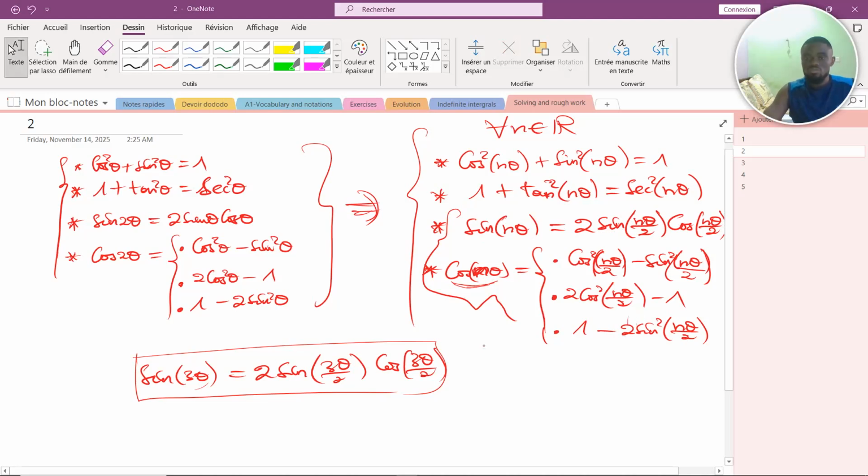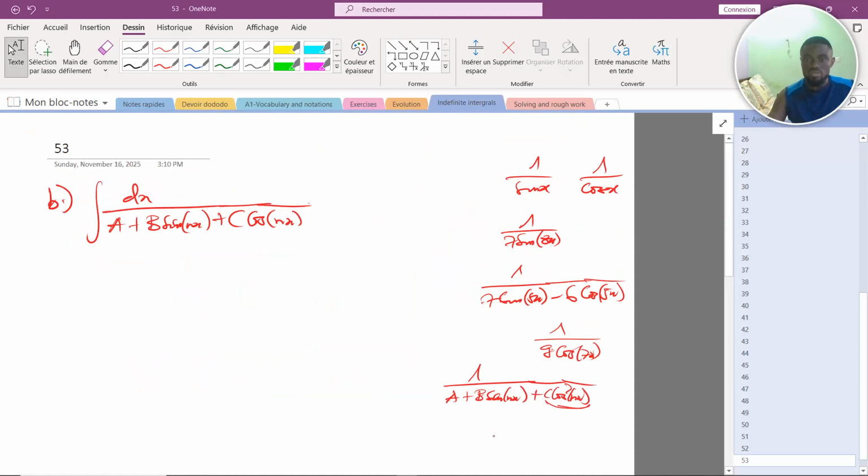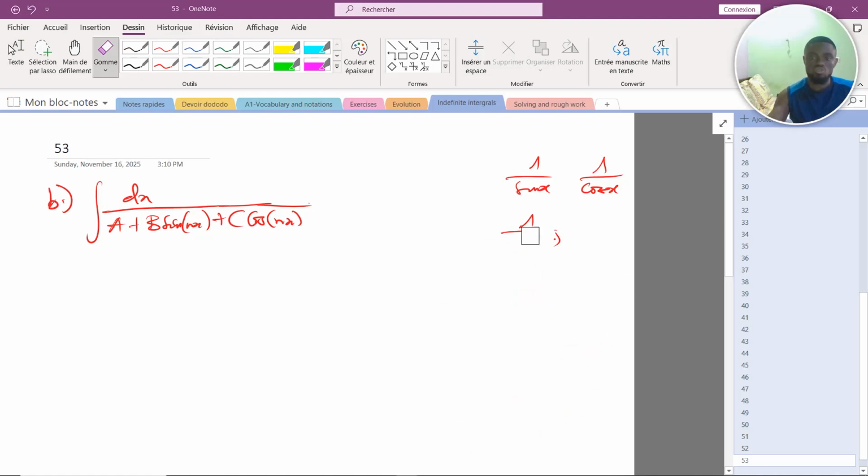And if I come back here, you see that cos alpha x is equal to 2 cos square alpha x on 2 minus 1. So you see that you can make this the subject and write it in terms of this one. You get what I'm saying? In fact, we shall see that in exercises. Don't bother yourself.